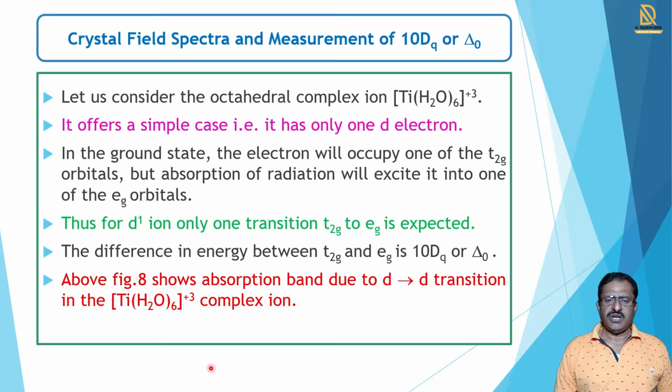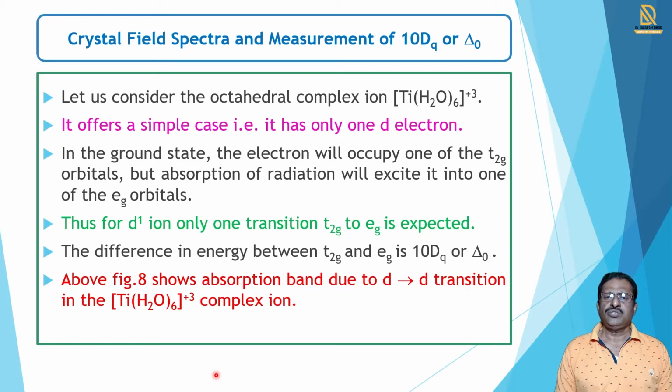In the ground state, the electron will occupy one of the t2g orbitals, but absorption of a transition will excite it into one of the eg orbitals. Means that first one electron is filled in the t2g orbital, and by absorption it is promoted to the eg.